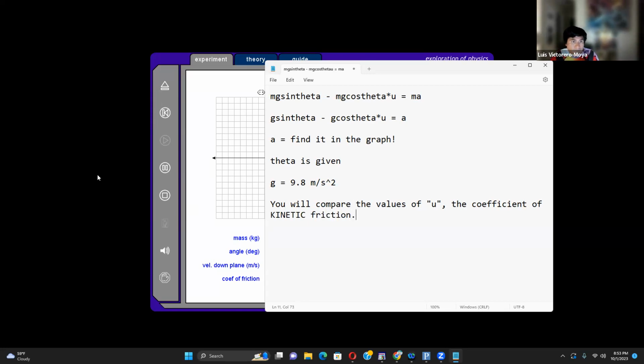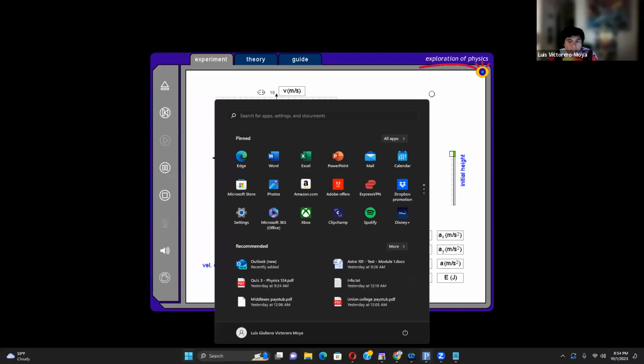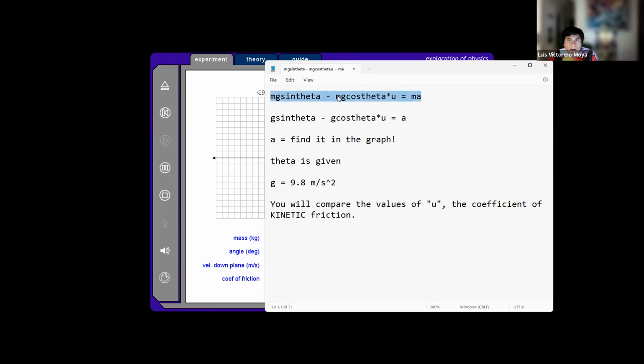And that's it, pretty much. In the calculations, they also ask you to calculate acceleration using both. In that section, you can use the theoretical mu to find the acceleration, and then compare it with the one you got from the graph.